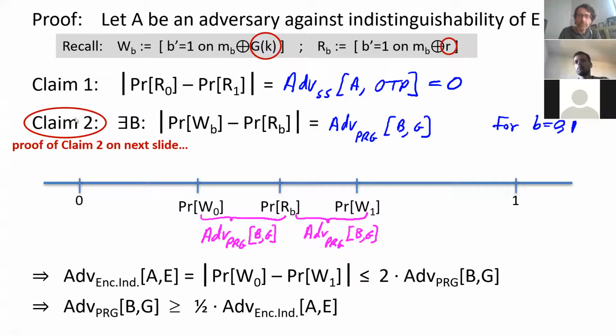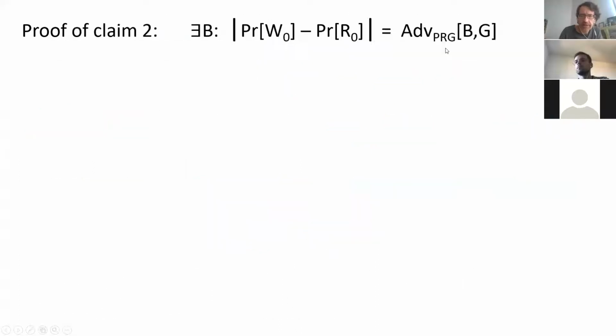So the only thing missing is this part. So let's finally see how this reduction from distinguishing these distributions to distinguishing the distributions involved in the PRG game, G(K) from random, is done.